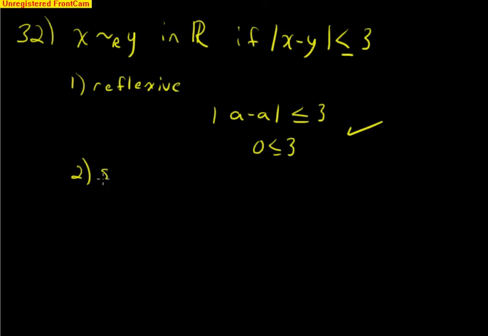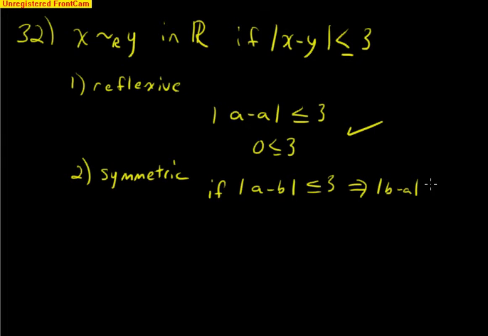Two, is it symmetric? Okay, that means if we have a minus b, absolute value is less than or equal to 3, then the absolute value of b minus a is less than or equal to 3.